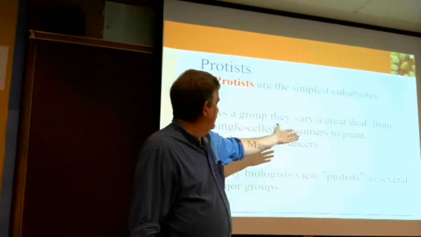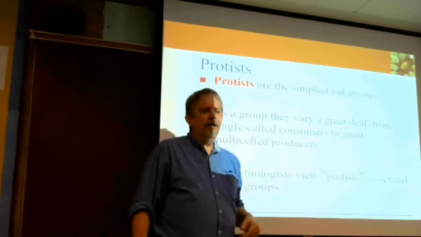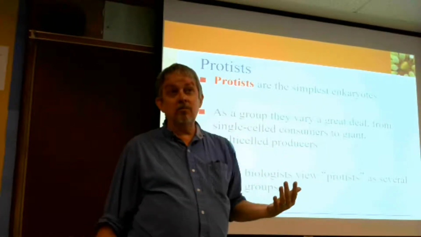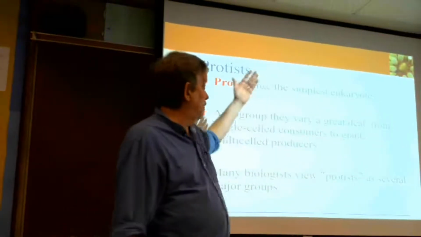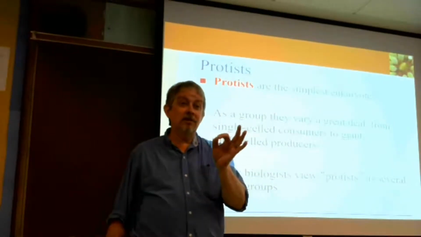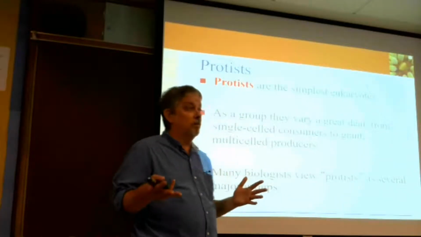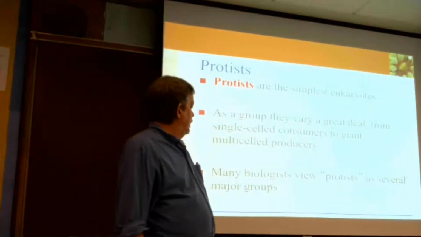So they vary a great deal, from single-cell consumers to the giant multi-cell producers. The giant kelp in the ocean, which is over 100 feet long, is a protist. But the single-cell paramecium that is in every drop of water is also a protist, so extremely different.